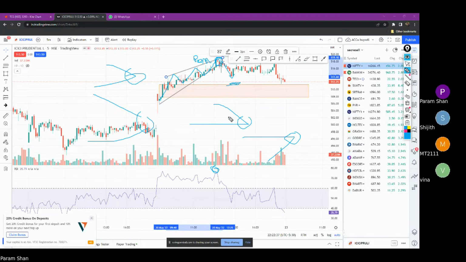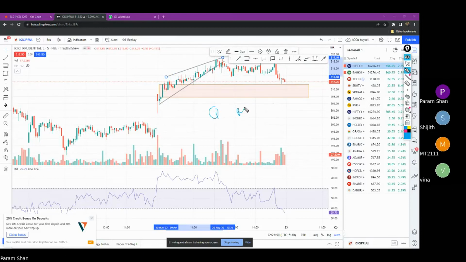Basically, this is a very good entry on the buy side. Just to note, RSI and support and resistance that we learned will not be sufficient. That's why we have kept our courses on identifying triangles also.